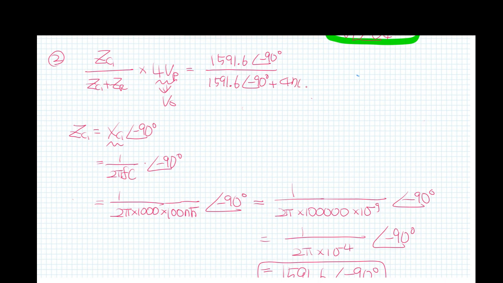That is V sub C, theta C. So we make a formula.